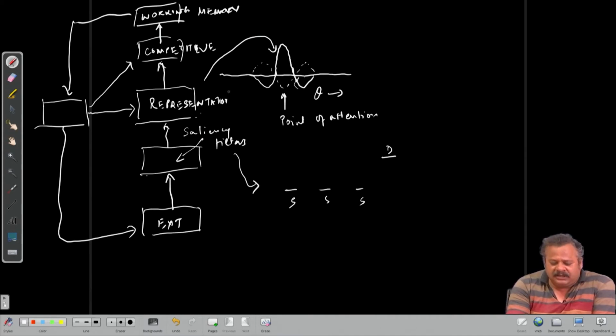And this representation is also modified by a variety of internal factors, memory, for example, skills that we already have, and so on. So, there are a number of inputs here.